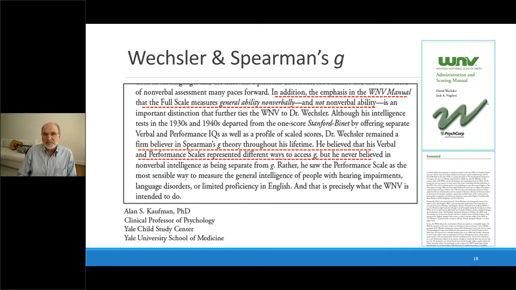The emphasis in the Wechsler Nonverbal Manual on the full scale that measures general ability nonverbally, and not nonverbal ability, is a way in which what I proposed and what I did with the Wechsler Nonverbal was so consistent with Wechsler. Because Wechsler remained a firm believer in Spearman's g theory.